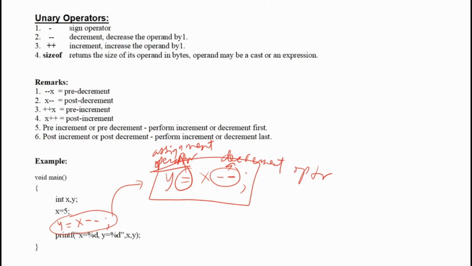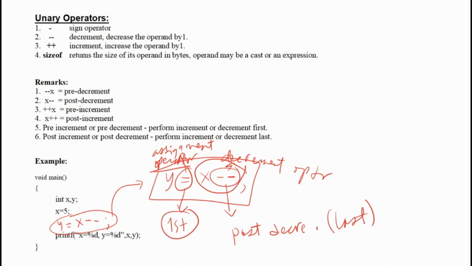So since there are now two operators, the question now is which of these two operators is going to be performed first by the computer? Is it the decrement first or the assignment operator? To answer that, since this is post-decrement, it will be performed last, which means that the assignment operator is performed first.